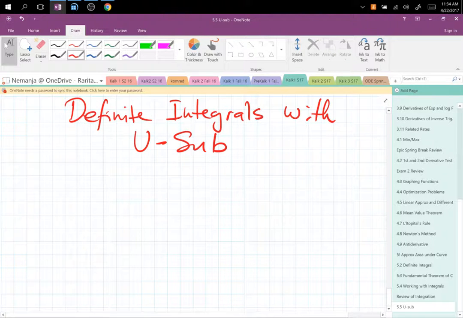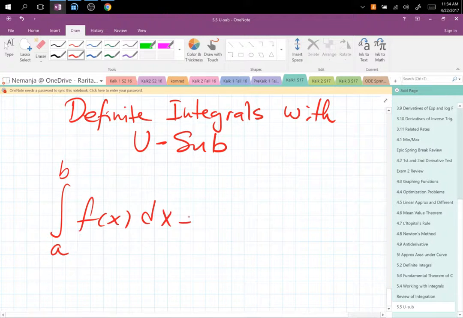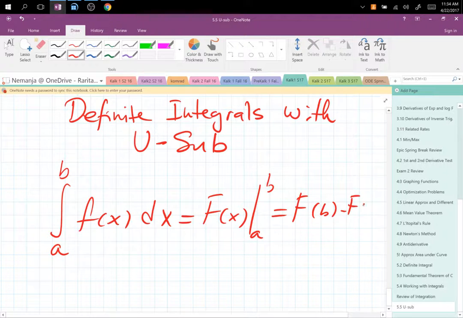Okay. Here is the most important thing that you have to realize. Integral a to b of f of x dx is equal to f of x computed from a to b, which is f of b minus f of a. I know I wrote this like 5,000 times.